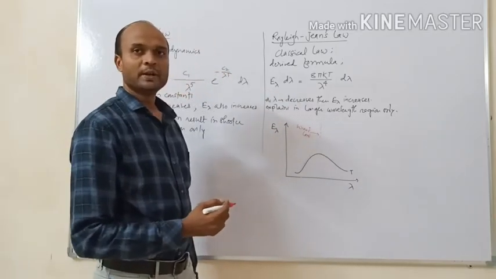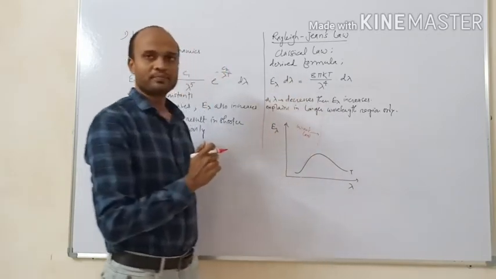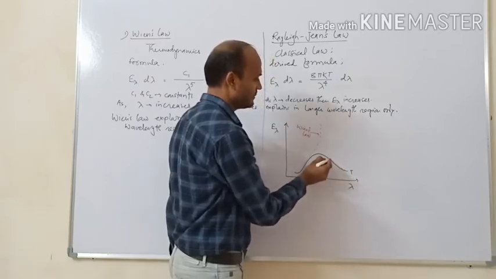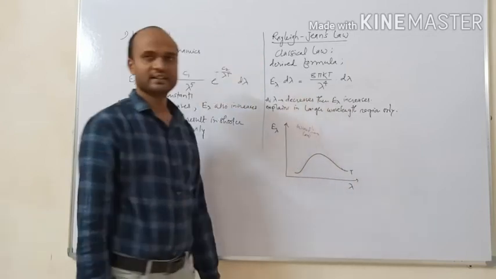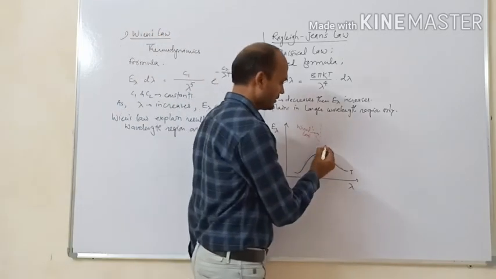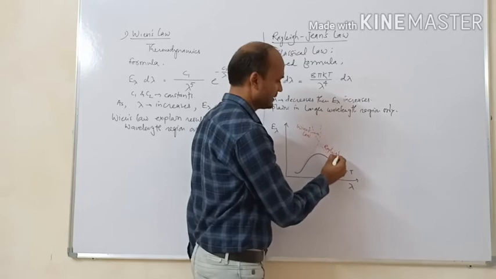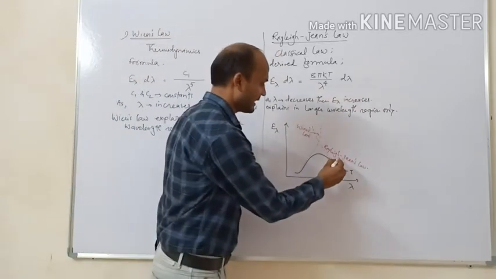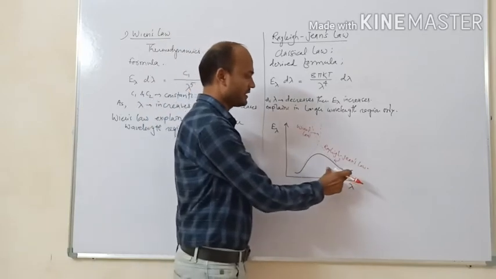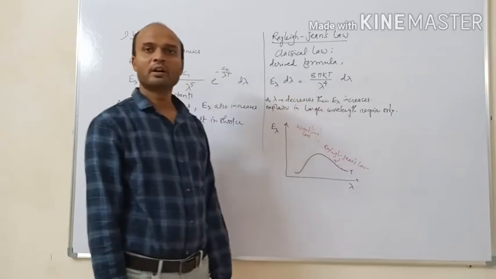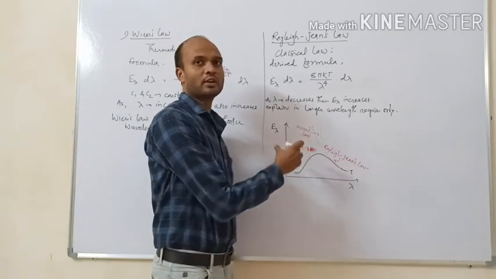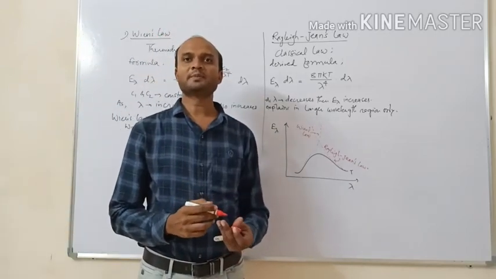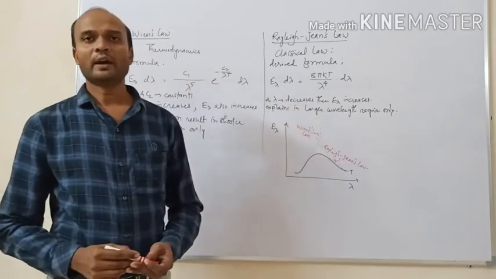Now, according to Rayleigh-Jeans formula, as lambda decreases, emissive power should go on increasing like this. So the second curve represents Rayleigh-Jeans law. This curve is valid only for the longer wavelength region, but not in the shorter wavelength region.